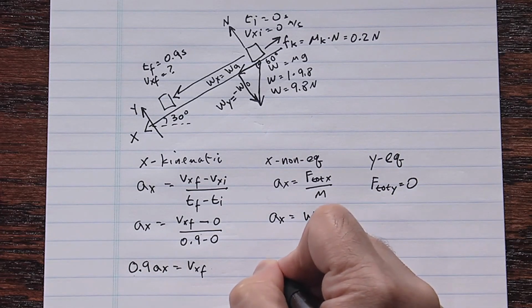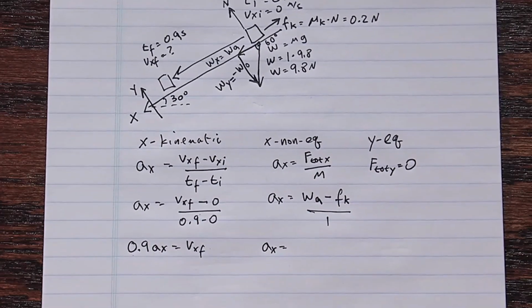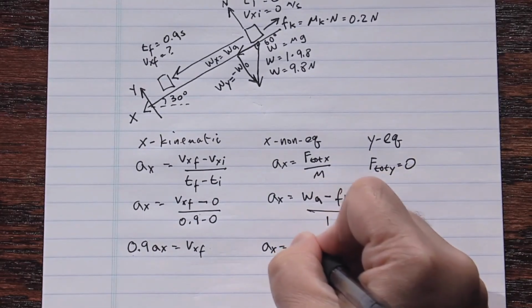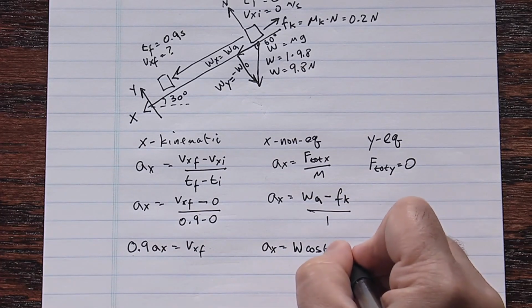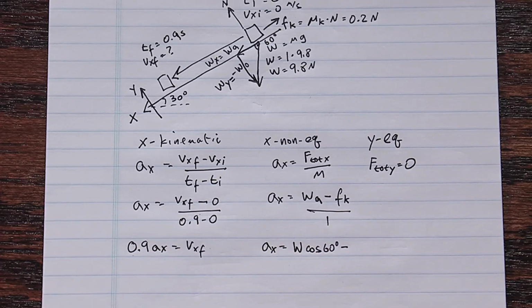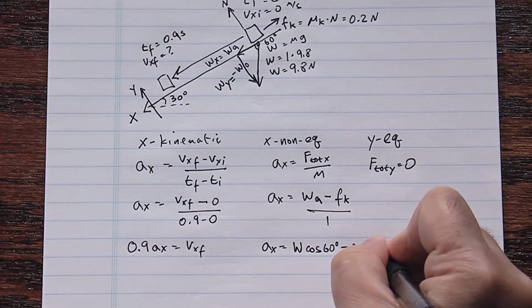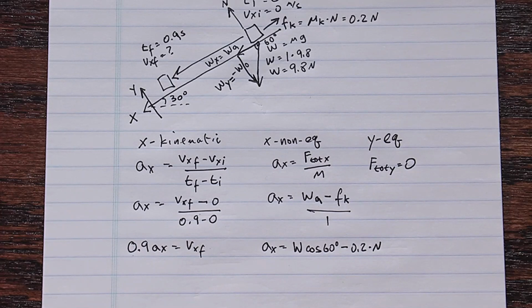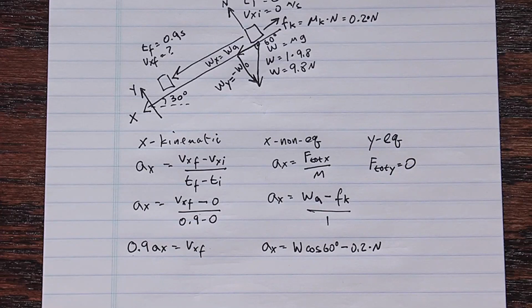Let's see what we can get out of this. We have Ax is equal to weight adjacent. Weight adjacent is weight times the cosine of our 60-degree angle minus our kinetic friction force, which we know is 0.2 times the normal force. Once again, that's not 0.2 newtons. Be careful. Actually, when I originally wrote up here, this should actually be 0.2 times the normal force. 0.2 times the normal force divided by 1.